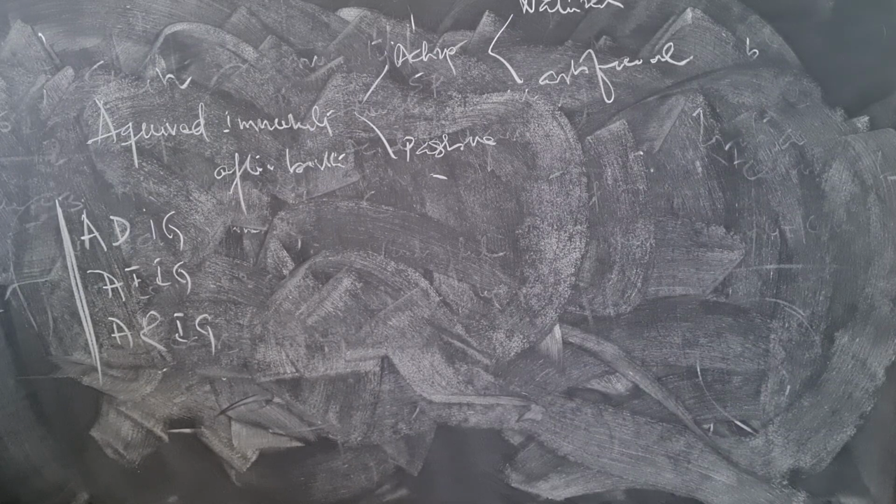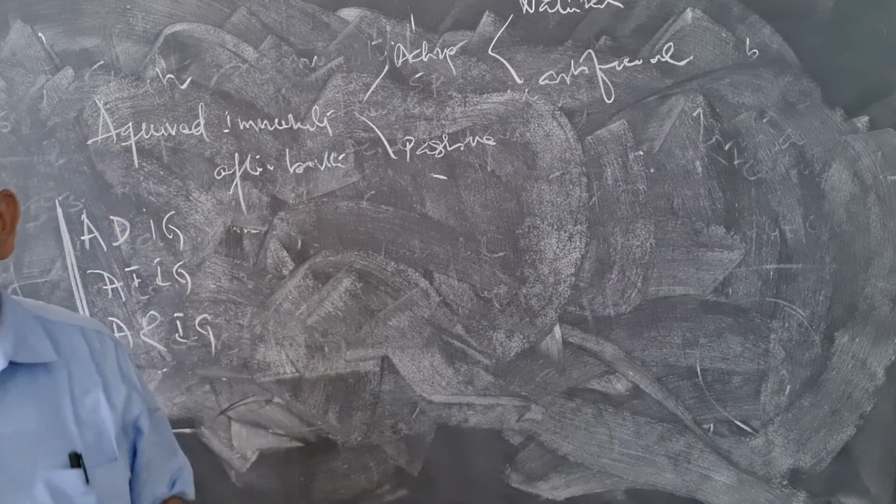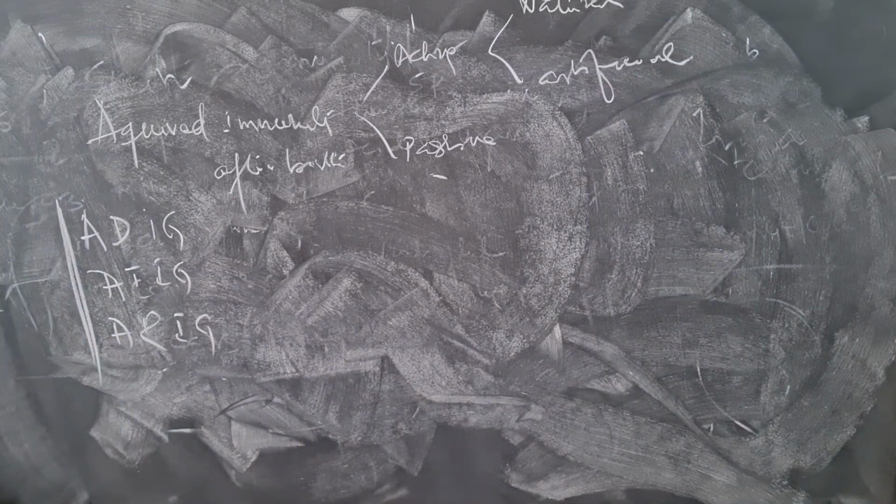So, natural immunity: when you suffer from a disease, for example mumps or chicken pox, you get lifelong immunity.